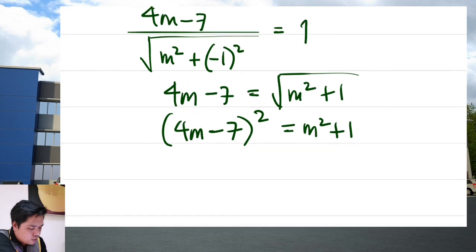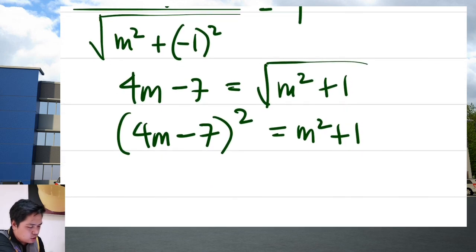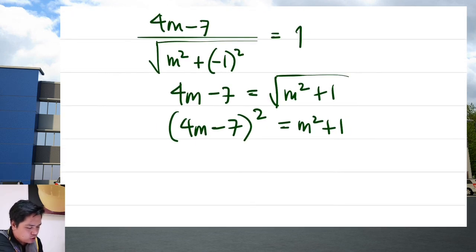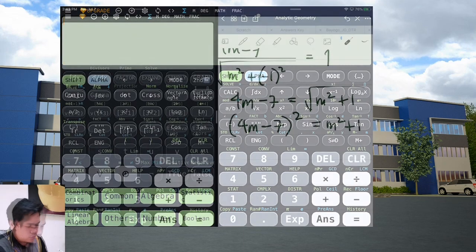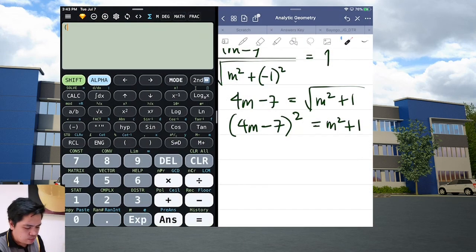But just to cut our solution short, let's use a calculator for this. Let's say the m in the calculator is x: 4x minus 7 squared equals m squared plus 1.